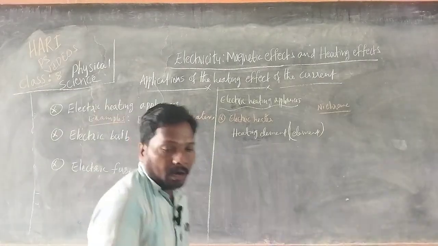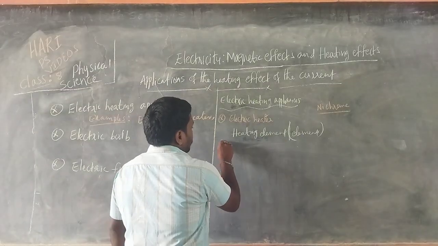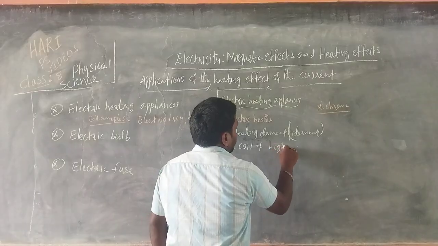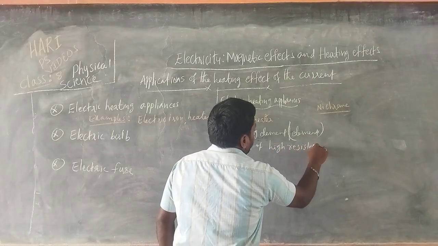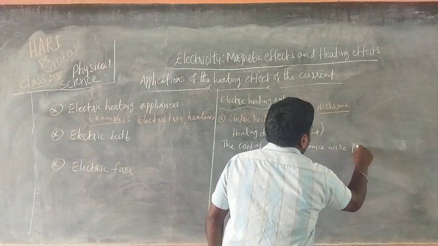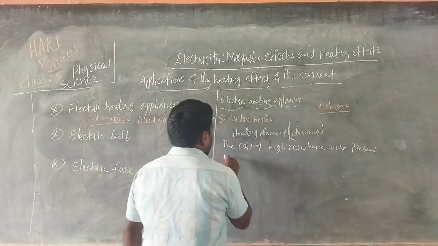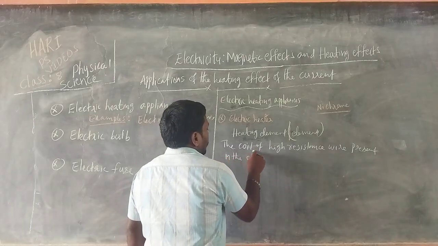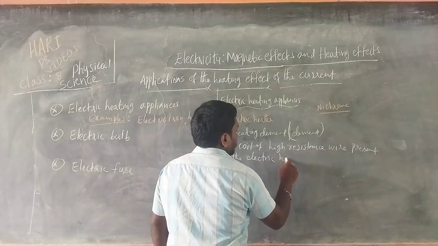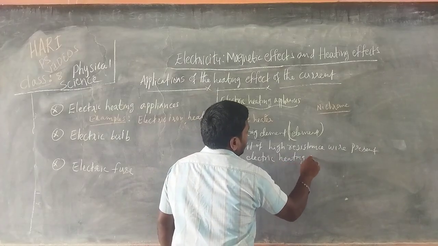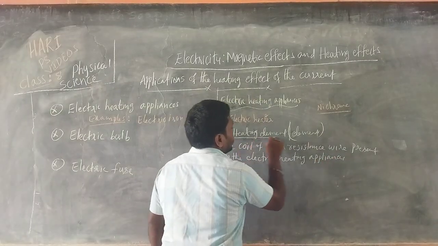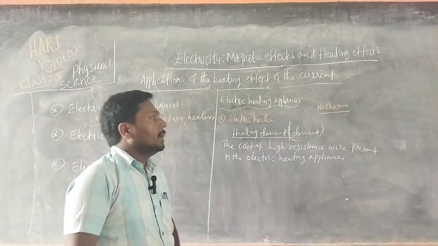The coil of high resistance wire present in the electric heating appliances is called heating element or simply called element.